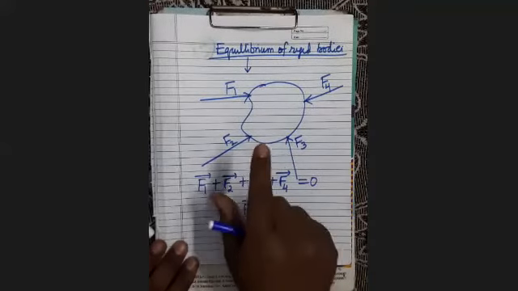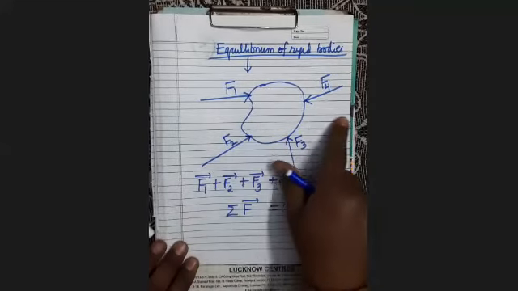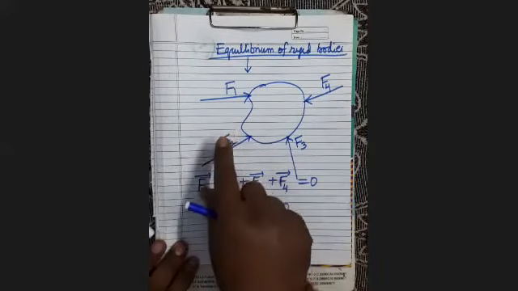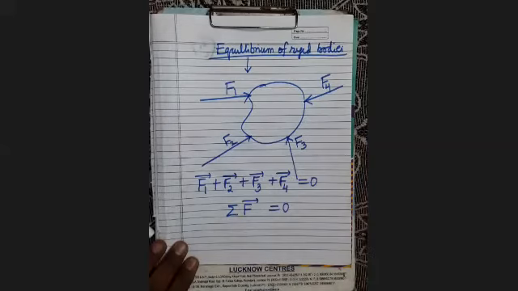If before applying the force, it is moving with 2 meters per second in a certain direction, then after applying these forces, it is still moving with 2 meters per second in the same direction. It's clear? It is still moving in the same direction with the same speed. This is the condition for the translational equilibrium.